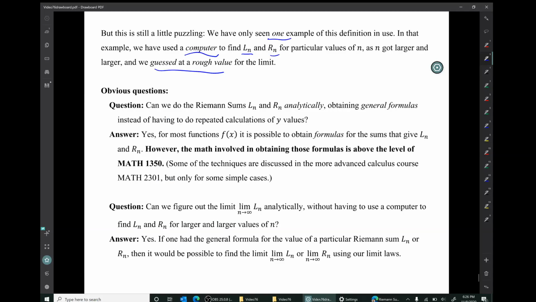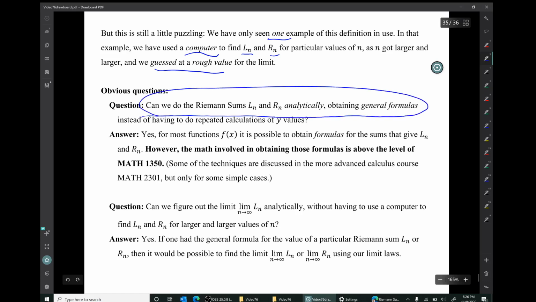So there are a couple of obvious questions. First question is, can we do these Riemann sums analytically, obtaining general formulas, instead of having to do repeated calculations of y values? That is, can we just get a formula that will give us the value of Ln and Rn instead of having to crank out 10,000 y values by hand or by computer? Well, the answer to that question is yes. For most functions f of x, it's possible to obtain formulas for the sums that give Ln and Rn.